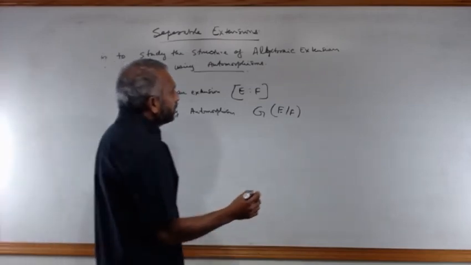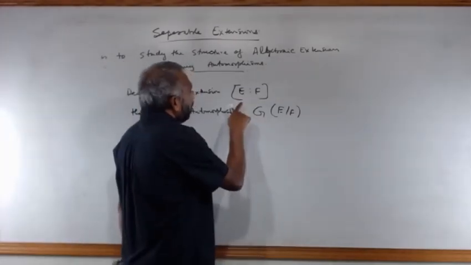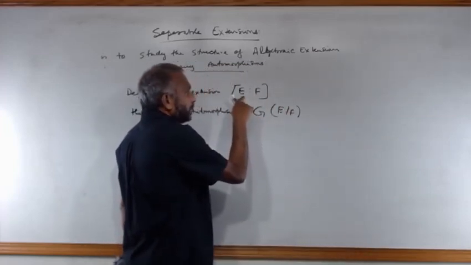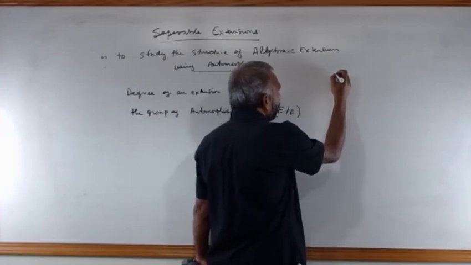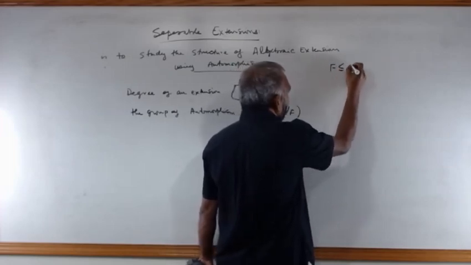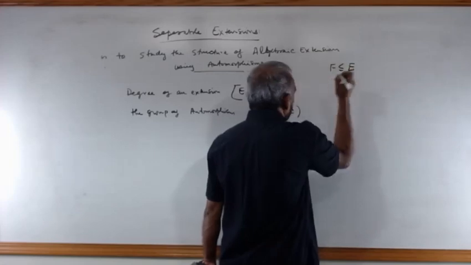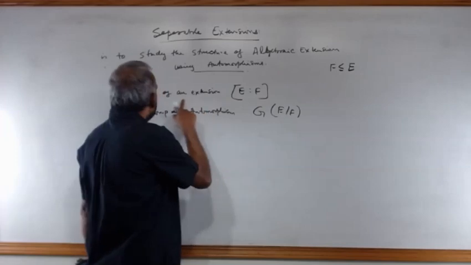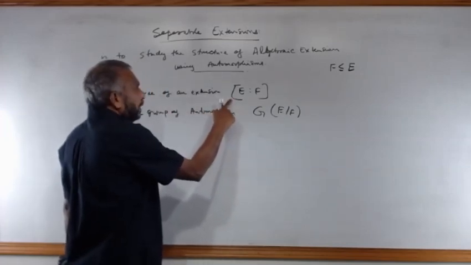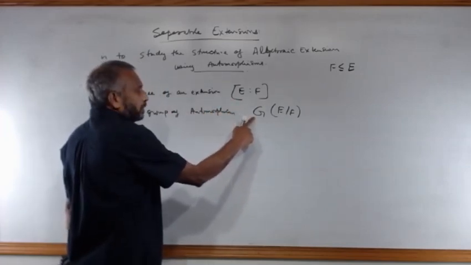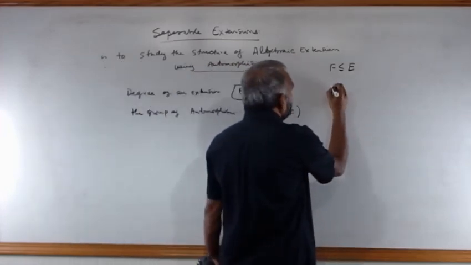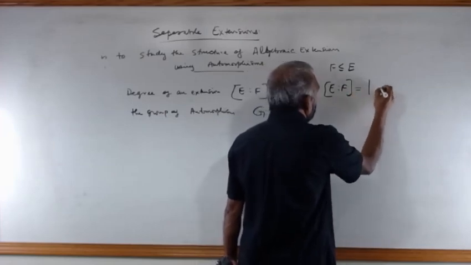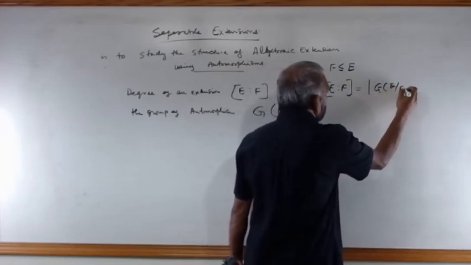Our goal is to find out the conditions on the extension E, where E is an extension of F, such that this number is equal to the order of this. That is, [E:F] is equal to the order of G(E/F).